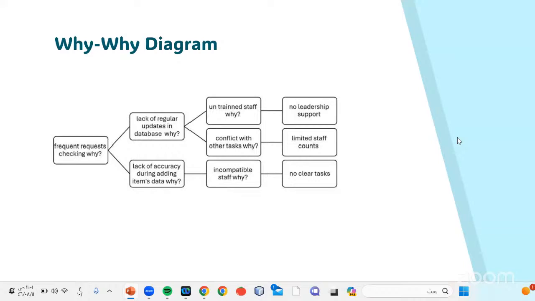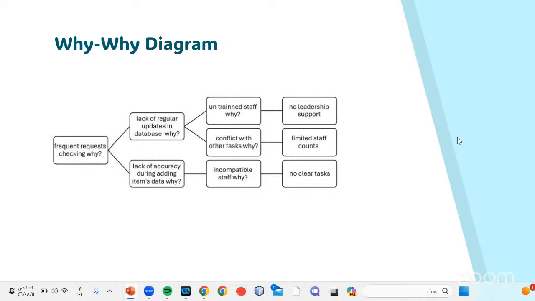Here, we make a why-why diagram that helps to find the root cause of the problem by asking why multiple times. The main issue here is frequent requests for checking. We ask why this happened and find two main reasons: lack of regular updates in the database and lack of accuracy when adding items.